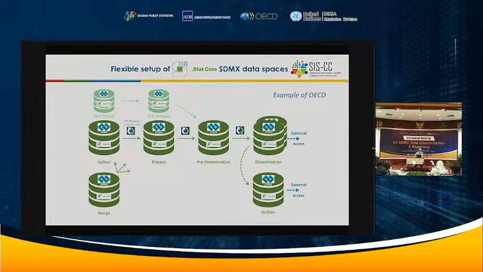Some organizations don't have this pre-dissemination space because they don't feel they need it, but we have all of this, and we'll probably add to it as well. Any questions on this workflow?